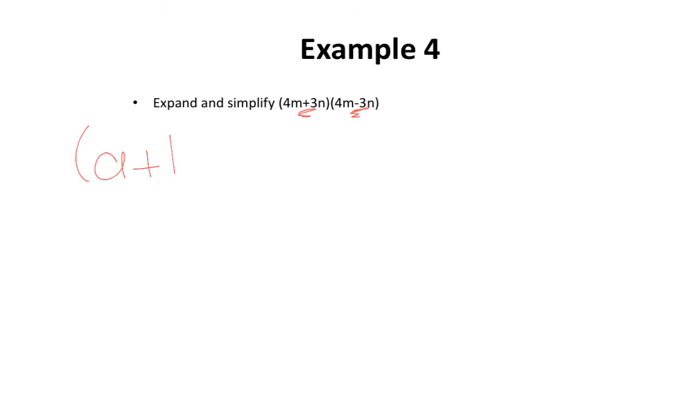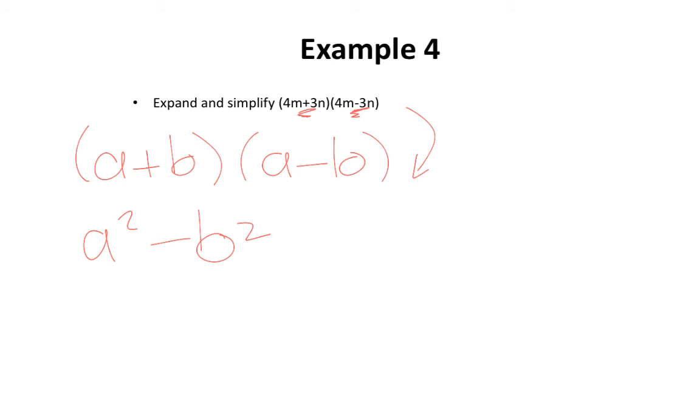A plus b multiplied by a minus b. You'll notice that I've reversed the order of these binomials. Like I mentioned in the previous example, you'll get the exact same answer. This simplifies to a squared minus b squared.